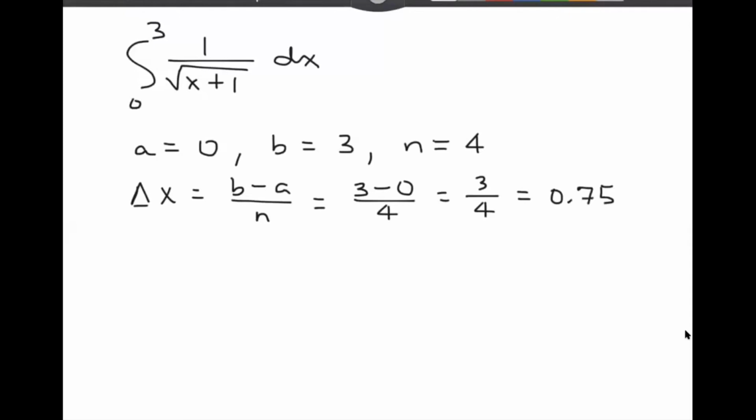All right, so now I'm getting ready to go over to the calculator. I'm going to set table start equal to 0, and delta table is going to be 0.75.